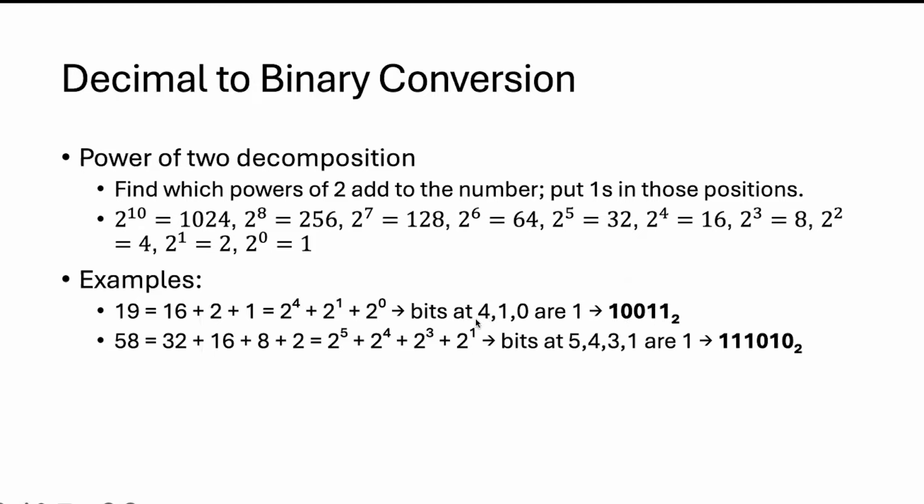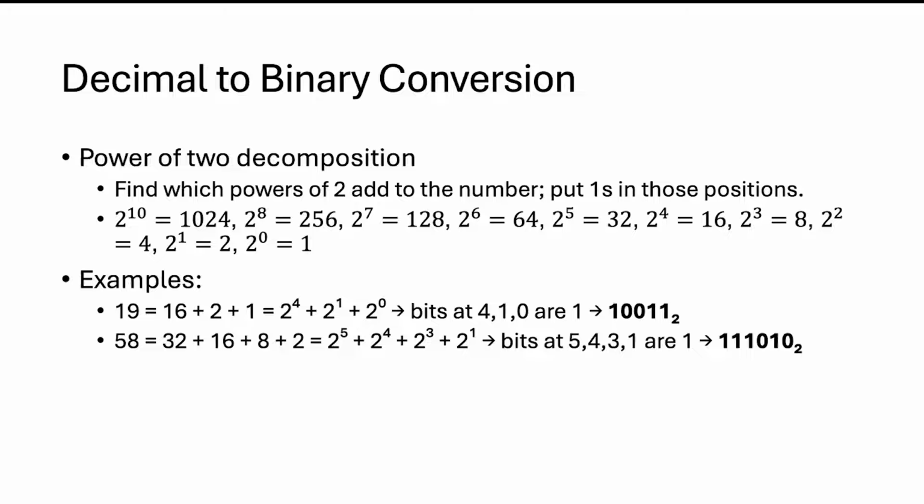So these bits need to be 1, and all the others that are not included in the calculation will be 0. For the positions, we start from the right to the left. This is the 0, 1, 2, 3, 4. That's how we count all of those binary values.